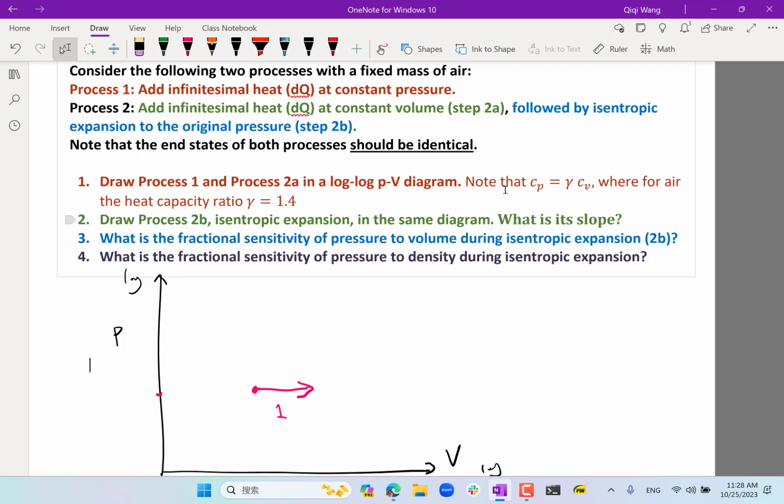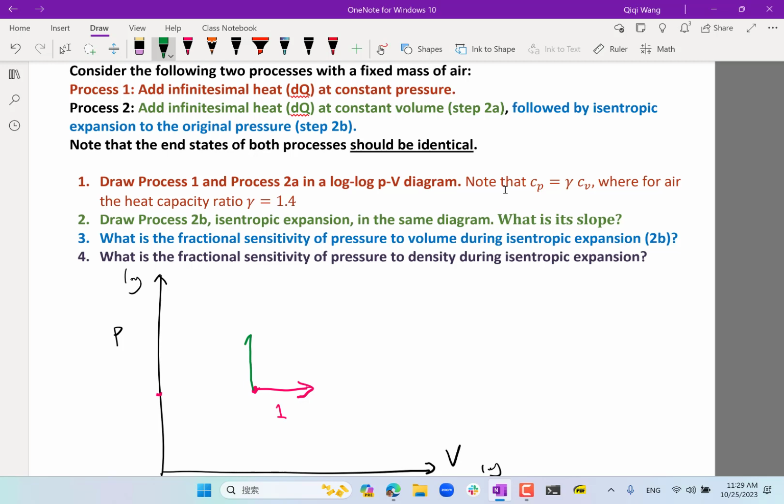Now let's consider what process 2 is. We're adding the same amount of heat, now at constant volume. So how should the pressure change? It should increase, so process 2 should go like that. Now the question is, is process 1 going horizontally longer or process 2 going vertically longer?